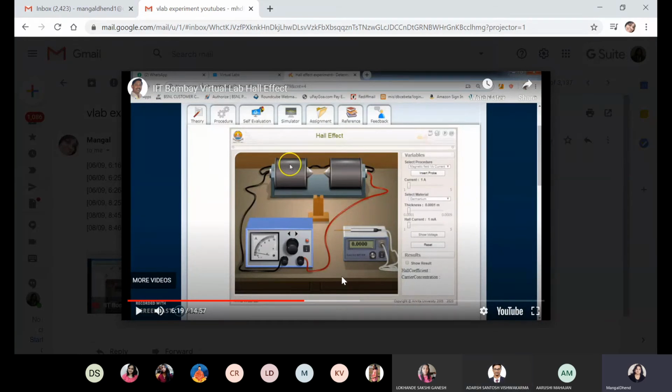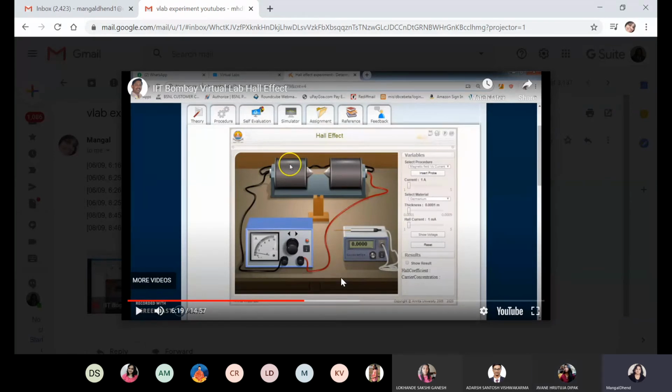Students, what about you, those who don't have a PC, whether they have opened this virtual lab of IIT Bombay on mobile? No, ma'am, it's not opening. Neither our Amrita Vishwa Vidyapeetham, neither our IIT Bombay.